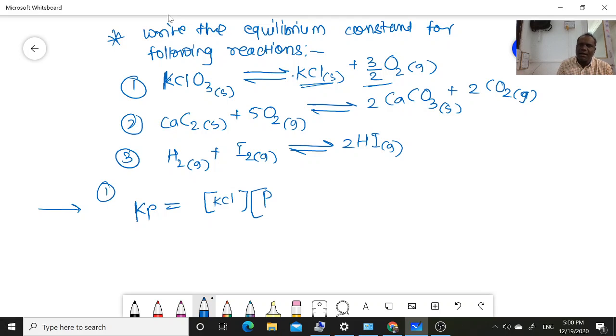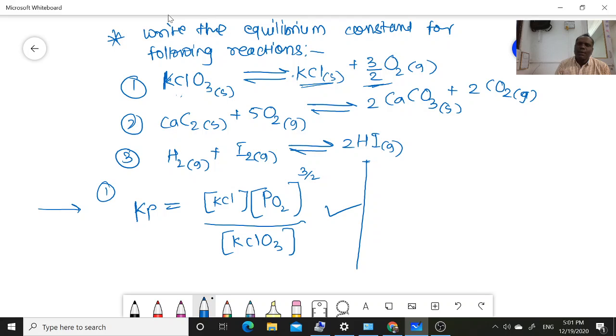Therefore, pressure of O2, PO2, raised to the power 3 by 2, divided by KClO3, which is a solid, so again in the concentration term, KClO3 concentration.